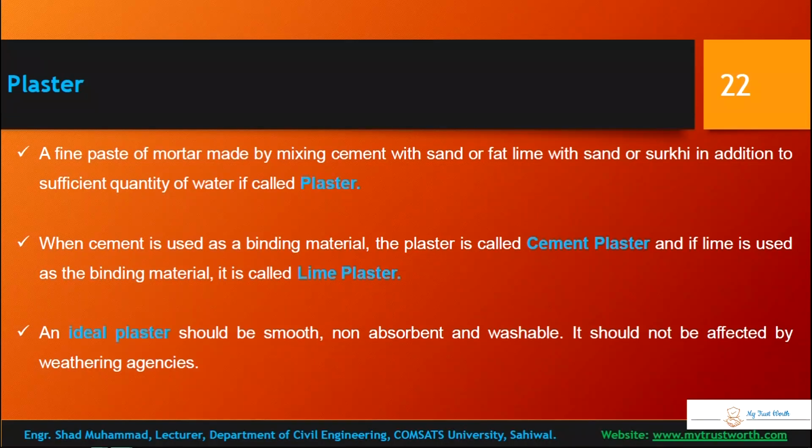Washable means that it should not disintegrate by rain. It should not be affected by weathering agencies. This is also important, that your ideal plaster should not be affected by extreme heat or extreme rainfall or extreme wind or any impact loading on your plastered wall.